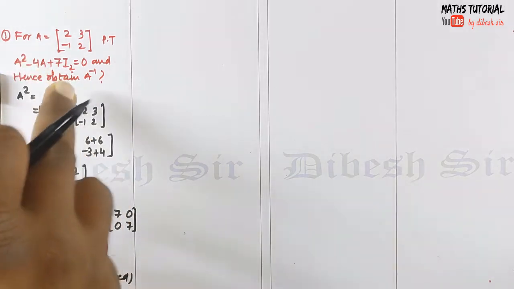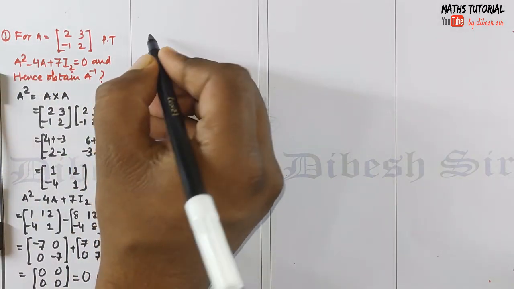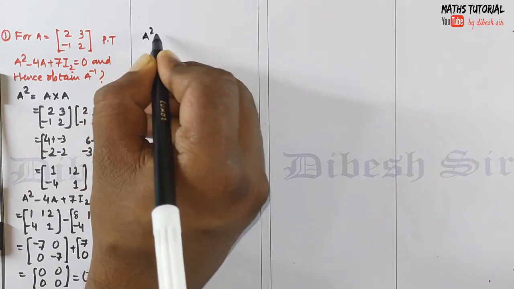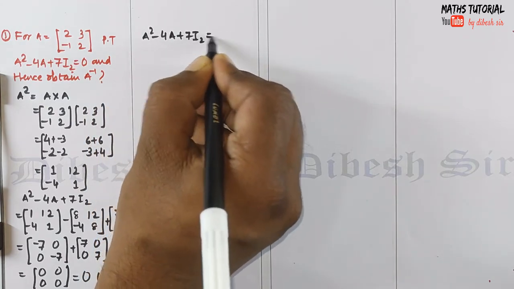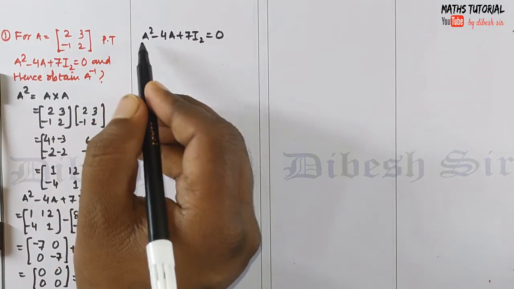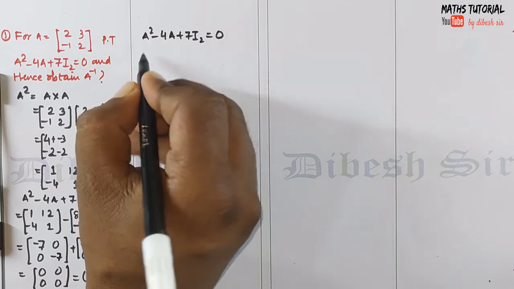Next, using this, we have to find A inverse. Let's again write A square minus 4A plus 7I2 is equal to O. Multiply A inverse on both sides.